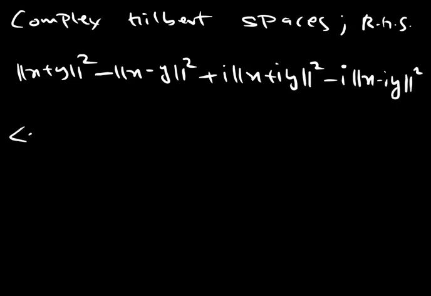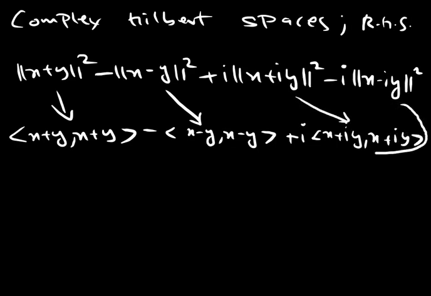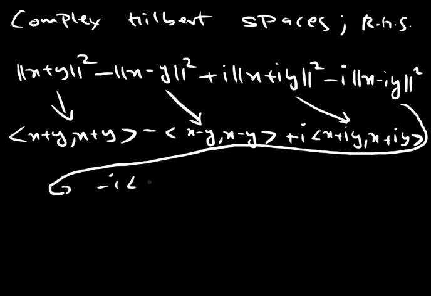This is nothing but the inner product of x plus y with x plus y, this part, minus the inner product of x minus y with x minus y, this part, and then plus i times the inner product of x plus iy comma x plus iy, this part, and minus i times the inner product of x minus iy with x minus iy.